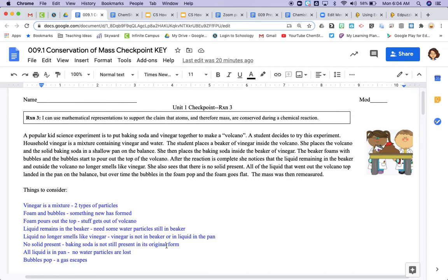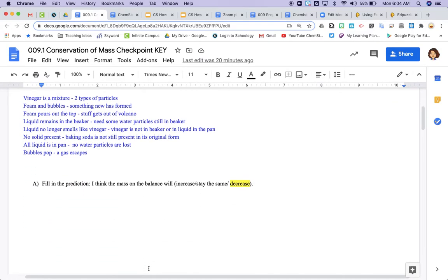And lastly, the bubbles pop. This tells you that a gas that didn't previously exist escaped the volcano and went away off of the balance. This last observation tells you that the mass on the balance should decrease because some particles escaped as a gas.